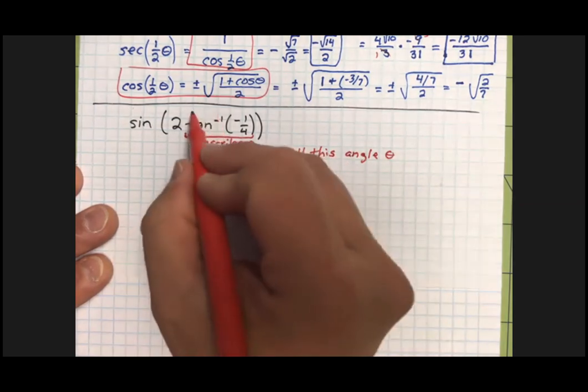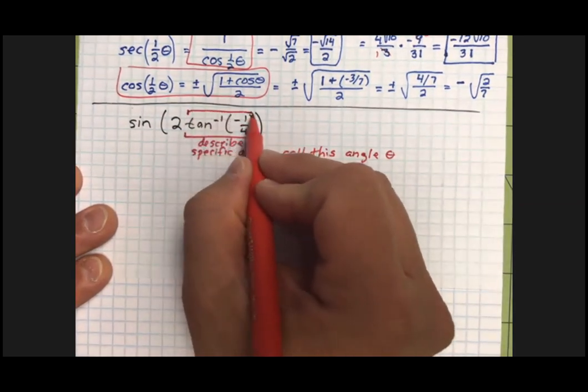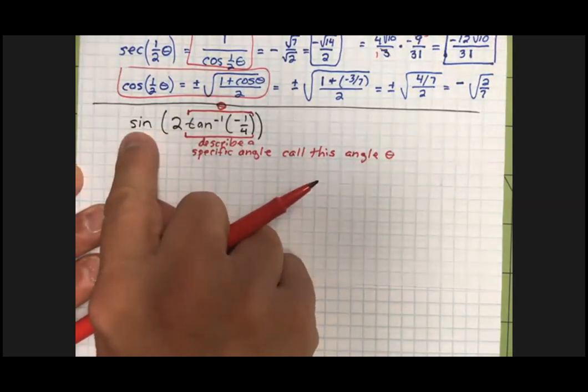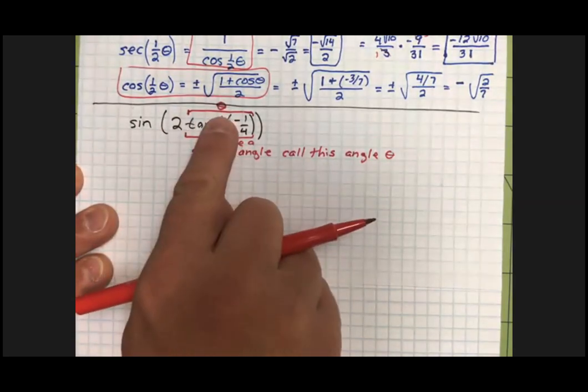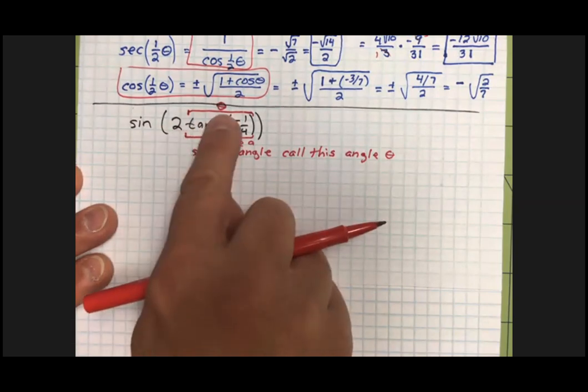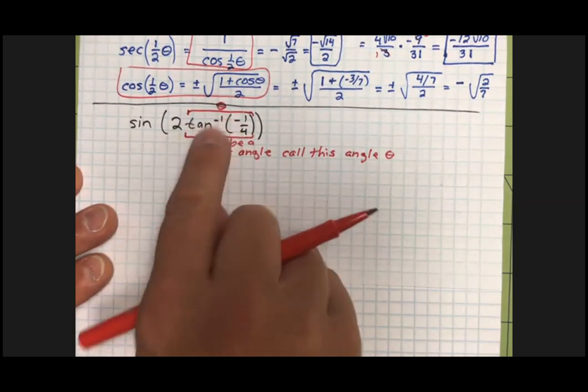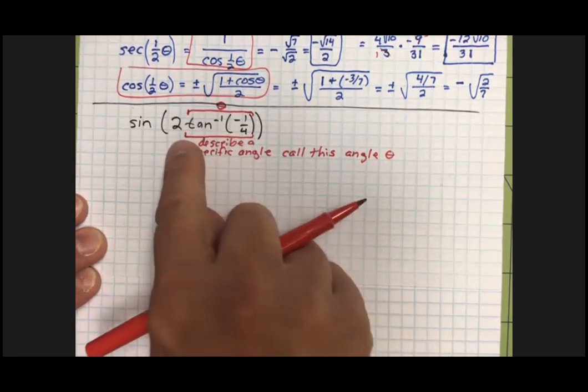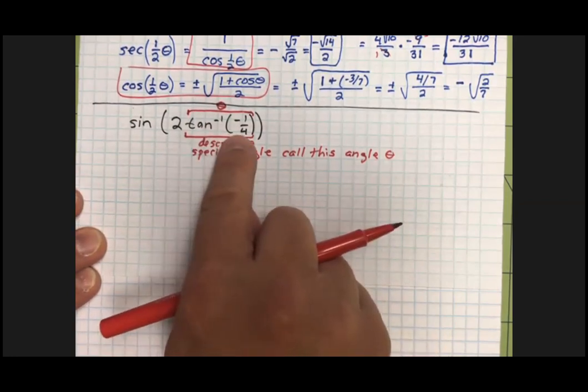So this is some angle theta that someone wants you to draw. And then they want you to evaluate the sine of 2 times theta. Now you have a formula for the sine of 2 times theta, just as long as you can draw theta correctly, right? So how do we draw tan inverse of minus 1/4 correctly?